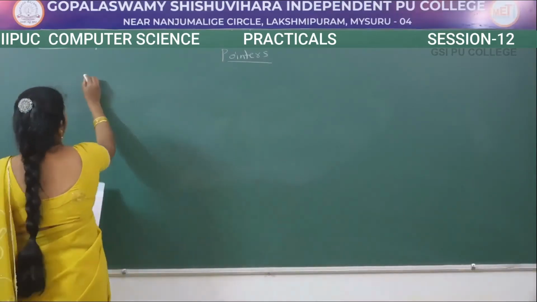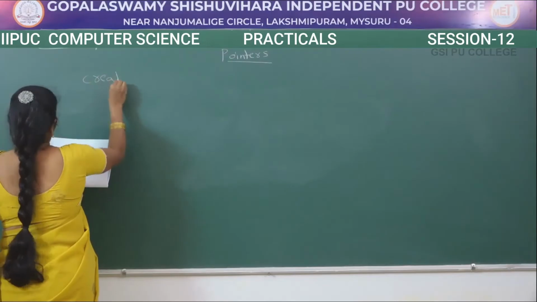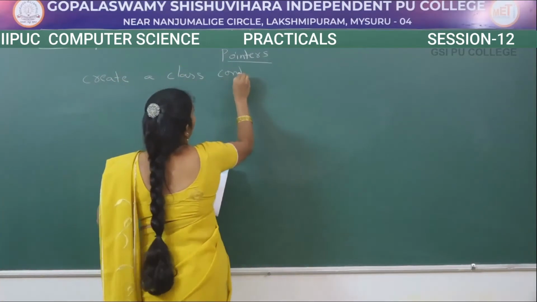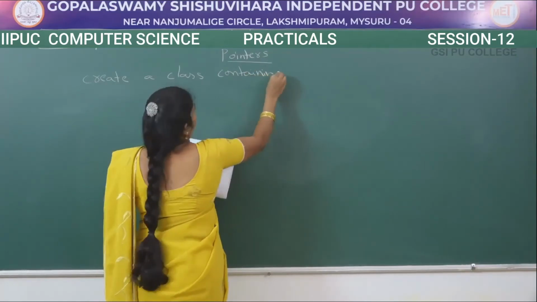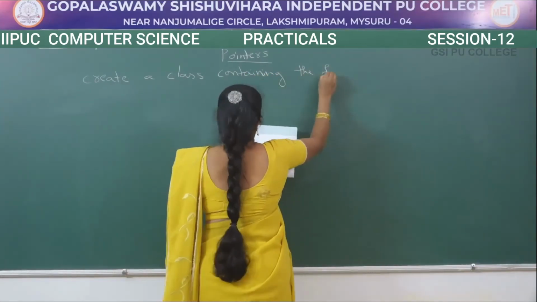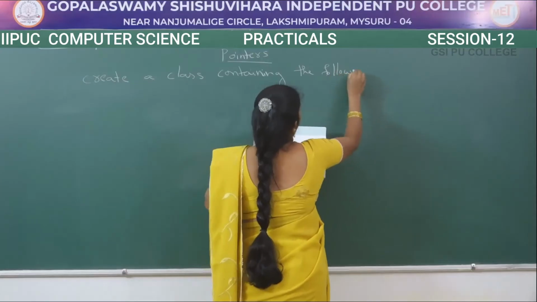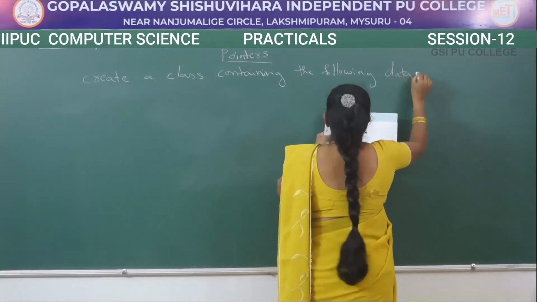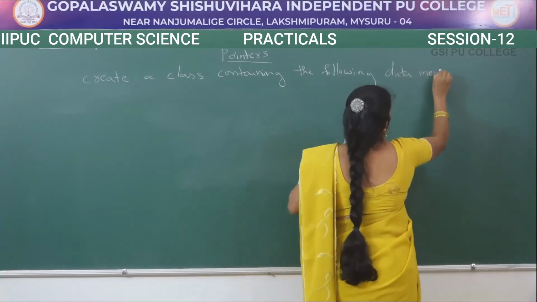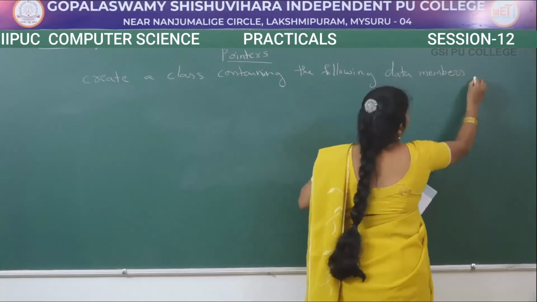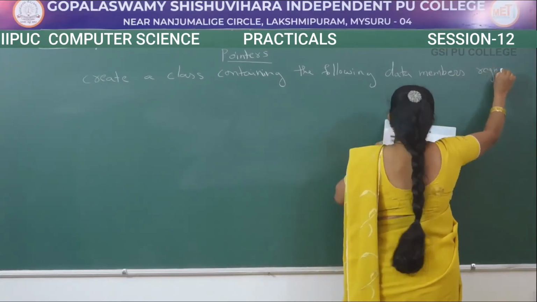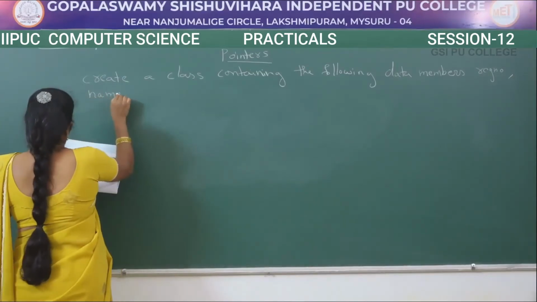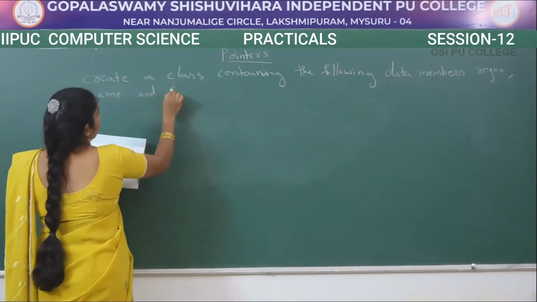This is your 12th program. On this, we have a question. Create a class containing the following data members: register number, name and fees.